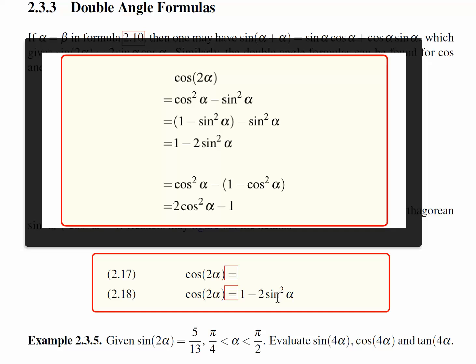Also, this time we may keep cosine alpha squared right here.